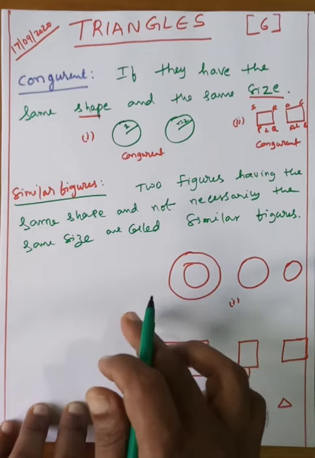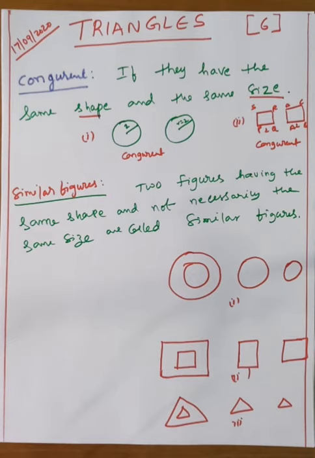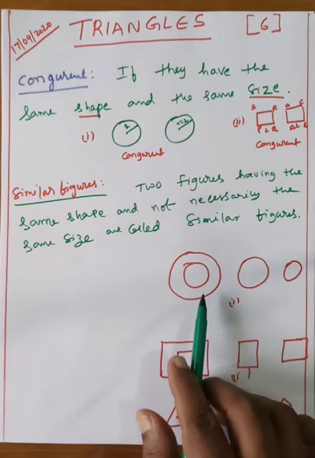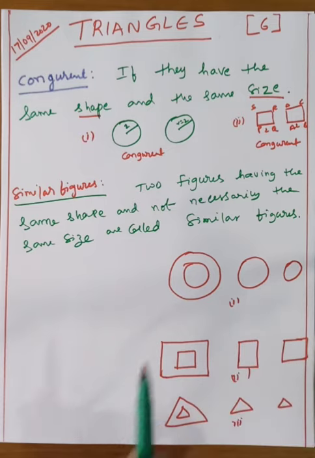Are they congruent? No. Are all circles congruent? No, only similar. All circles are not congruent because the shape is the same but the size is different. Whenever the shape is the same, not necessarily the same size, they are called similar figures.